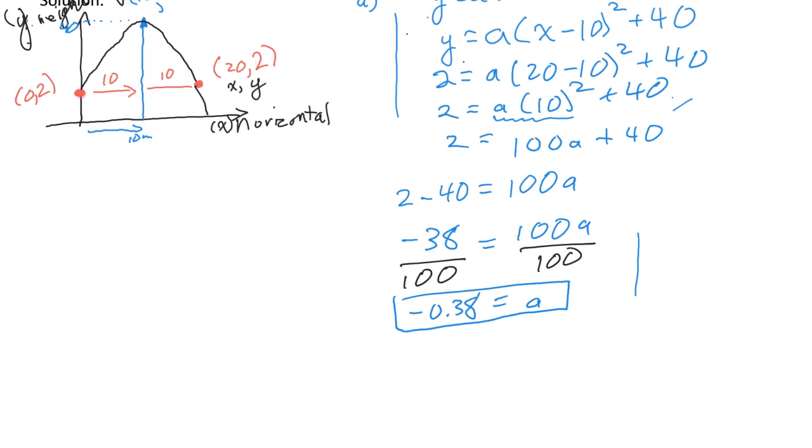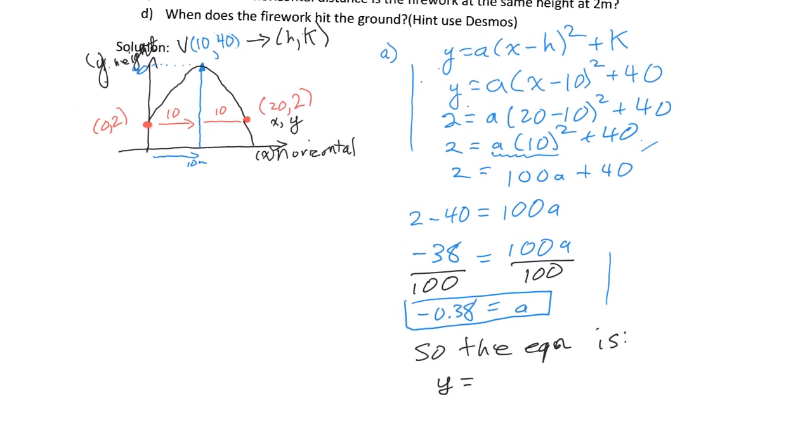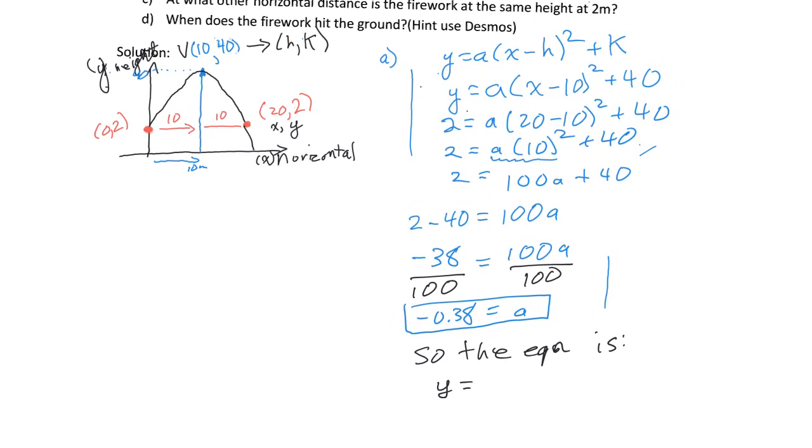And so we say, the equation is y is equal to, we take whatever we have for our a value, and we're going to plug that back in to the original equation that has the a.